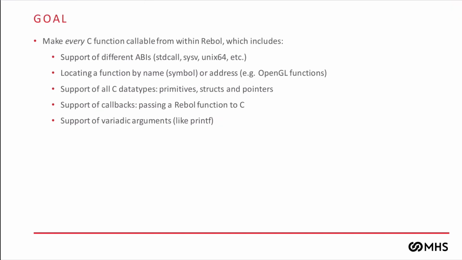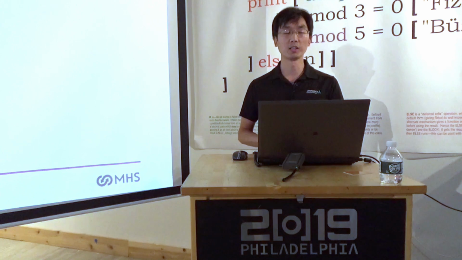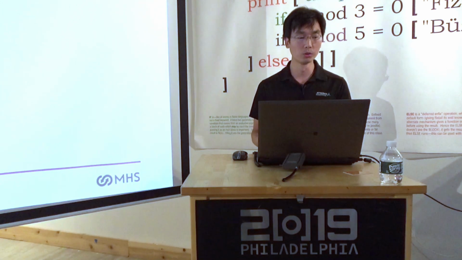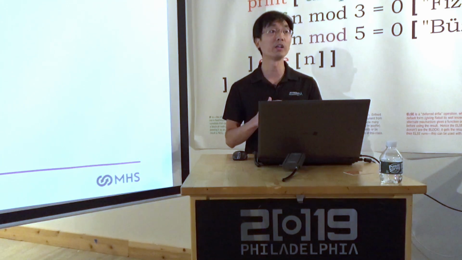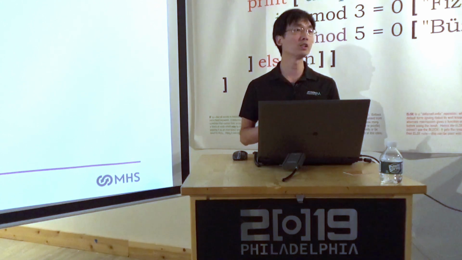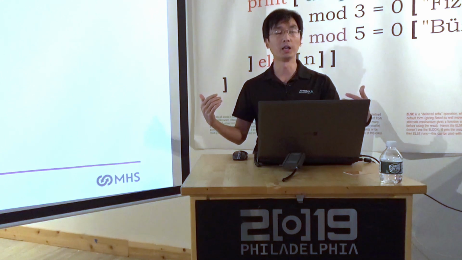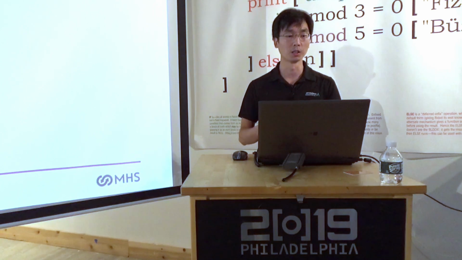So my goal was to be able to call or interact with any C function from within Rebol without writing a single line of C code, which includes support of different ABIs. ABI stands for application binary interface. Here, it refers to the calling convention. For a C function, you need first to pass the parameters to the callee, and then you need to get the return value from the callee for your use.